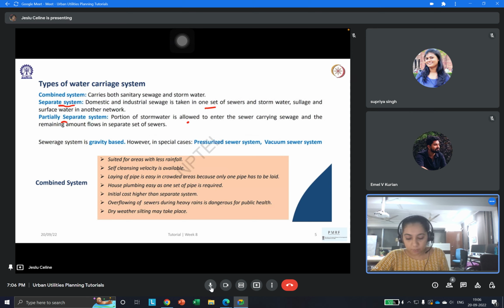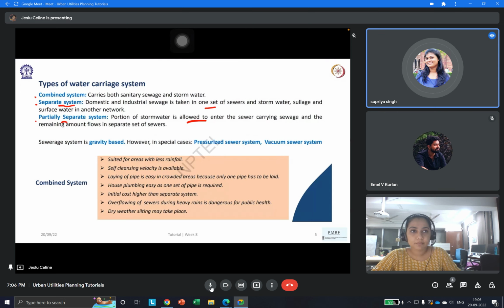Now which is more preferred? That is, if you have heavy rainfall, then which is preferred? Combined, separate, or partially separate? Yes, for heavy rainfall, the separate system is the better one. Why? Because the drainage system will be designed as per the rainfall.